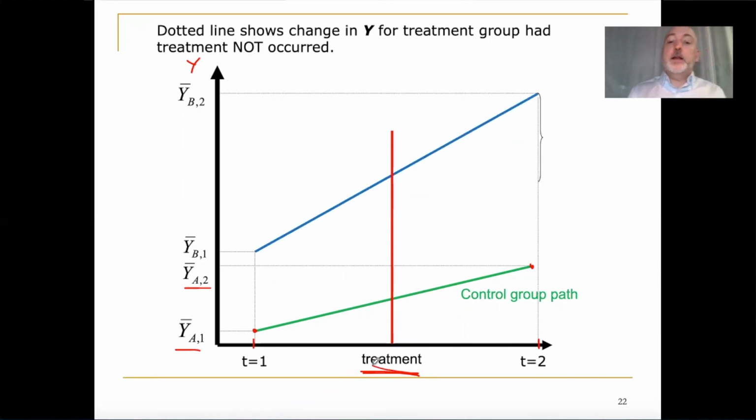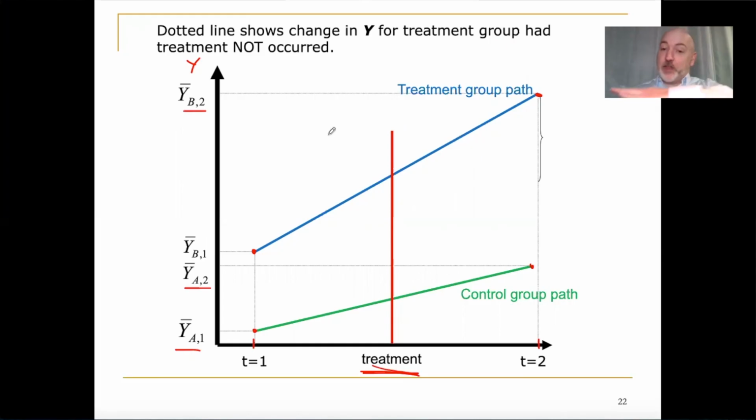All right. Then we have the actual path of the treatment group. They started here in Y bar B1. And again, it doesn't have to be this way, but we're imagining the treatment group started with a higher level, and they also had a positive trend. And they end up here at their post-treatment average, Y bar sub B2.